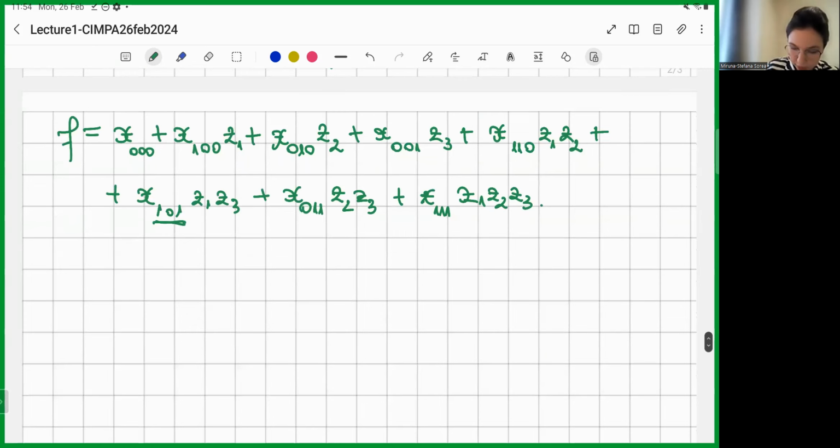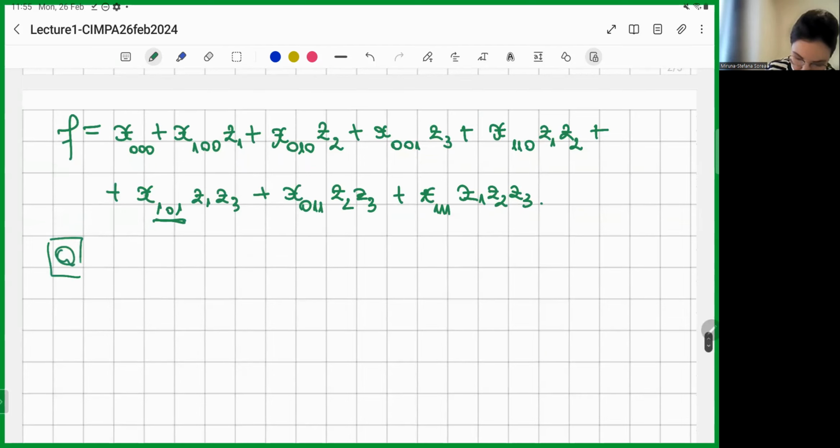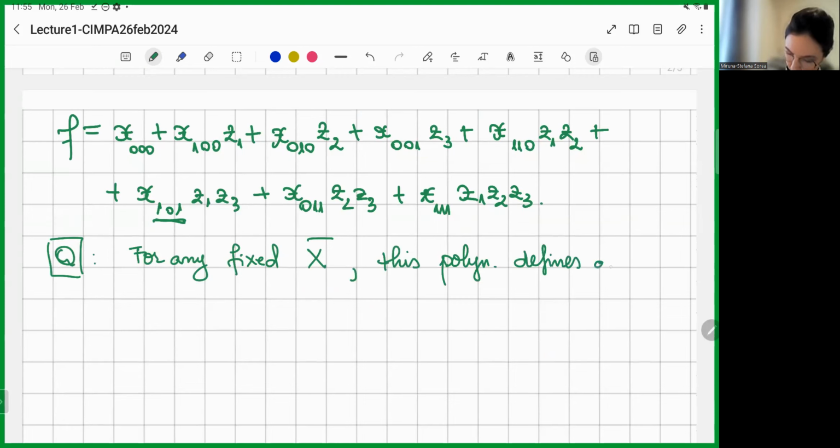When does this surface fail to be smooth at some point in C3? So for any fixed x, this polynomial defines a surface V(f) in C3.